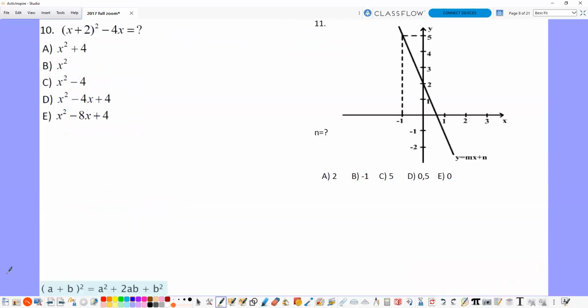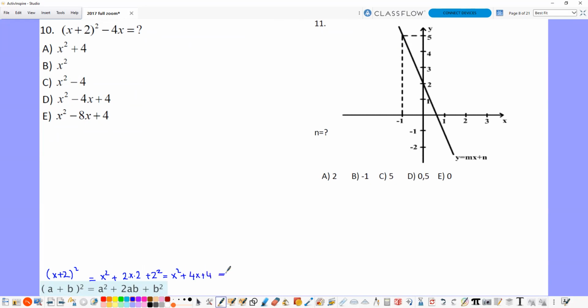Here we have an expansion of the form a plus b squared. So I'm going to get the square of this one, which is x plus 2 squared. If I write it with respect to the formula, it's going to be equal to x squared plus 2 times x times 2 plus 2 squared, which is equal to x squared plus 4x plus 4.